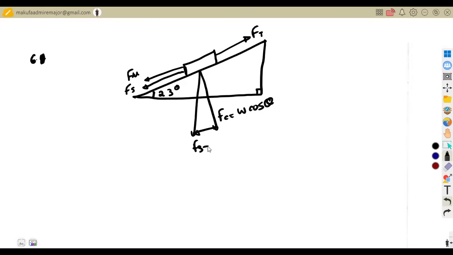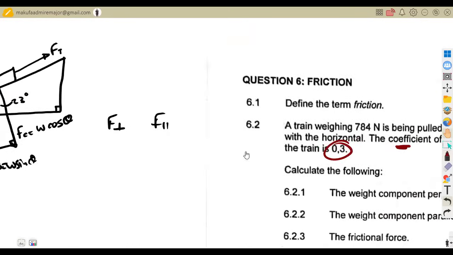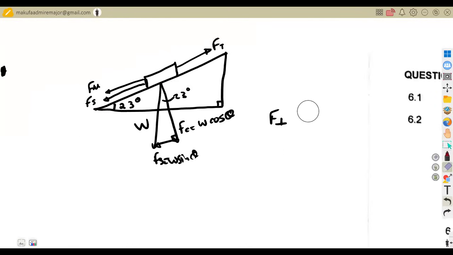This is the parallel, which is weight sine theta. Like I said, you can use F perpendicular like this, F parallel like that. This will be at 90 degrees, this at 23 degrees, and this is our weight. The weight of the object is 784 Newton.